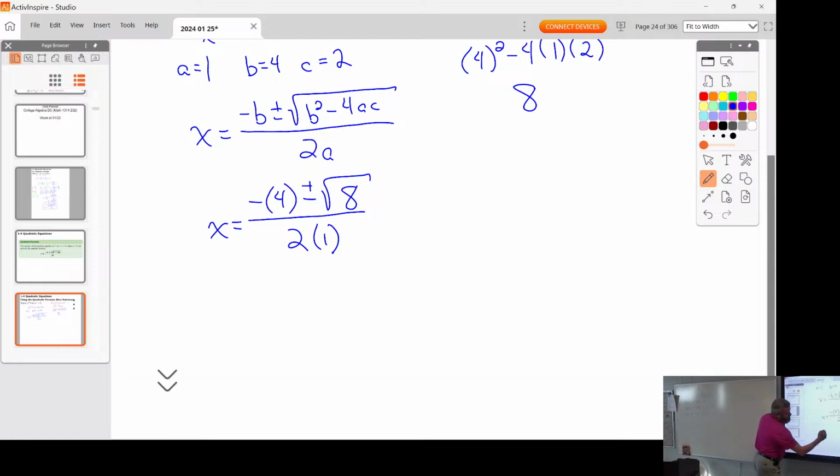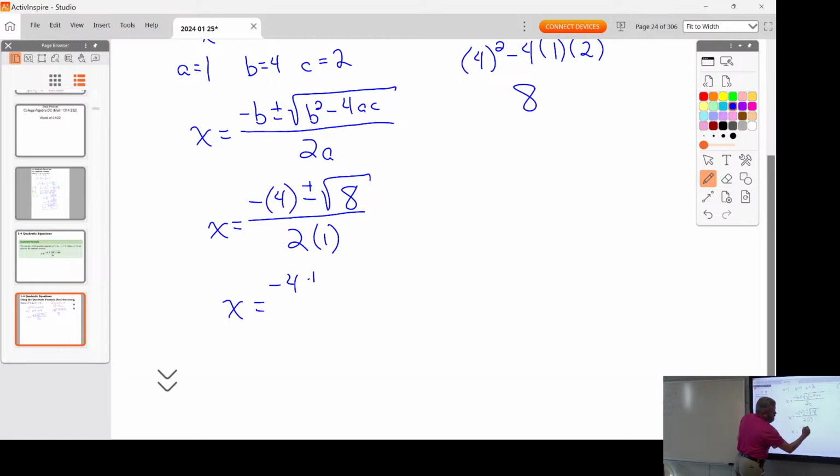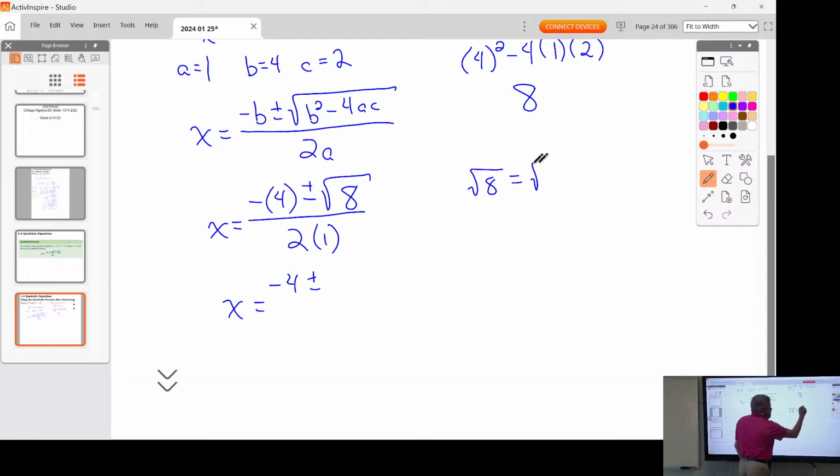Okay. X equals negative 4 plus or minus square root of 8. Does it simplify? Are there any perfect squares that go into 8? 8's not a perfect square, but are there any perfect squares that go into 8? 4. So I'm going to write off to the side, the square root of 8 is equal to the square root of 4 times 2.